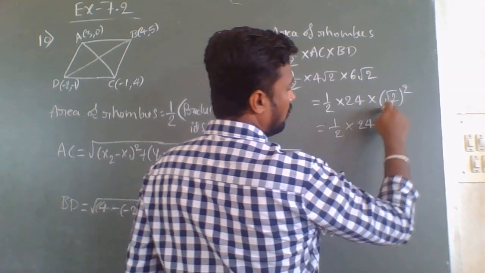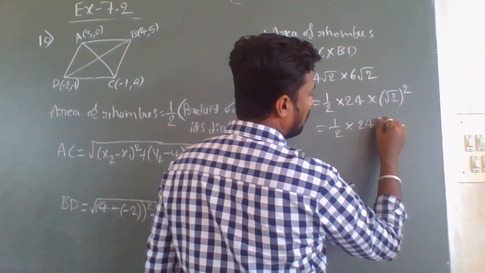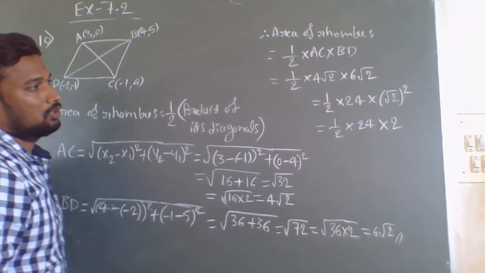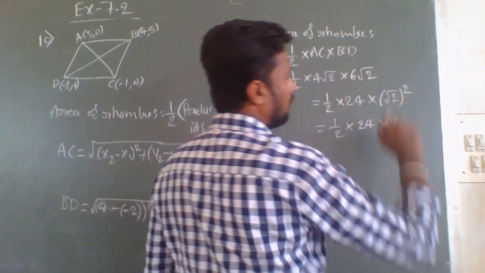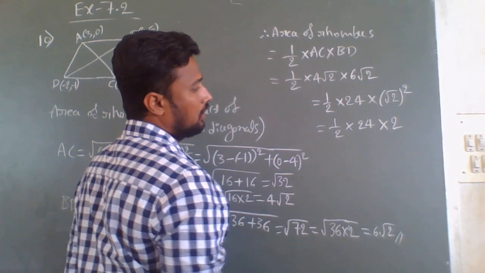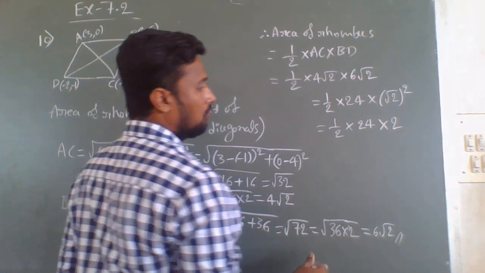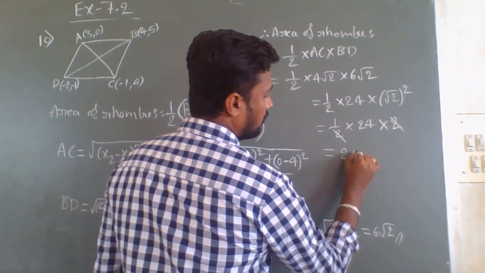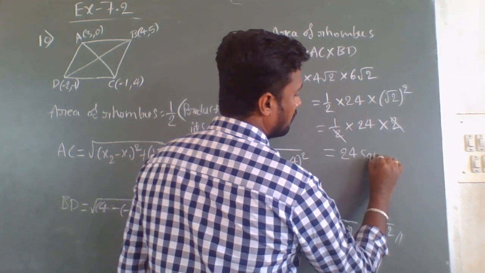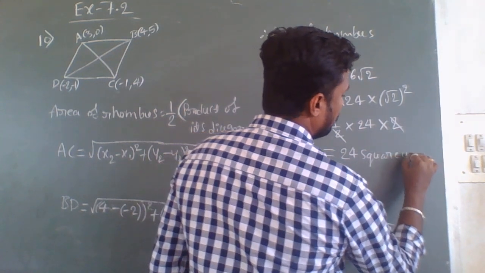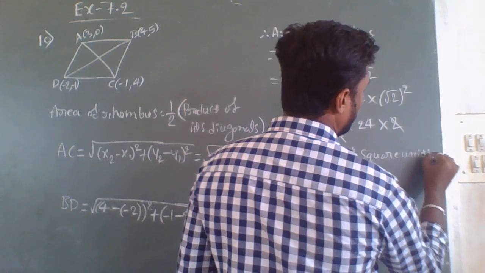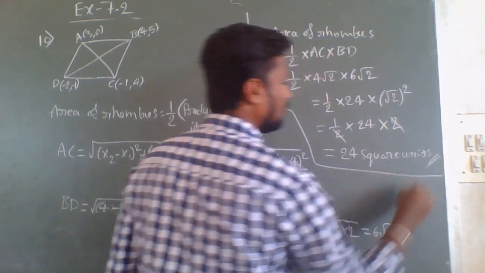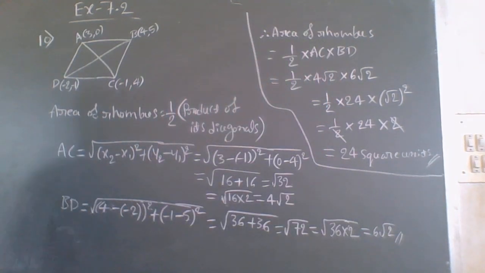And square root of 2 square is 2 only. Now you can cancel this 2 and this 2. So the answer is 24 square units. This is the final answer.